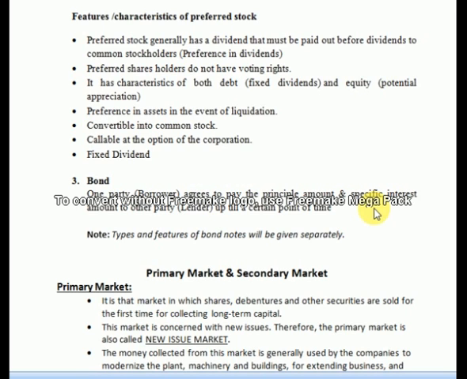Most notably, preferred shareholders will lose their liquidation preference, the ability to be paid before the common shareholders in the case of company liquidation. So preferred stockholders have the convertible feature, meaning it can be converted into common stock.